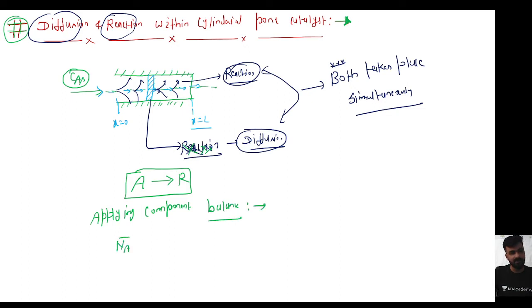Rate of flow at z minus rate at z plus dz. Here I am assuming this thickness is dz. Here it is z, and here it will be z plus dz. Okay, minus there will be a reaction rate of disappearance, because the reactant will be converted into product. So disappearance into dV.